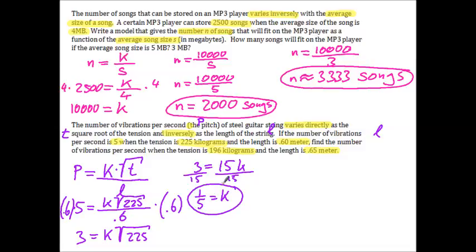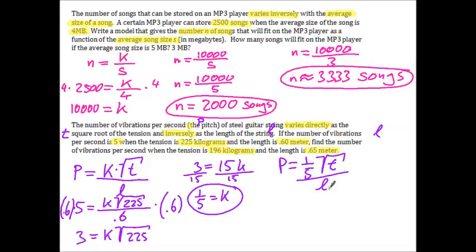Circle that for our first partial result. That means our equation is P is equal to 1/5 times the square root of T divided by L, and you could also put the 5 of our fraction into the denominator together with L, makes no difference.